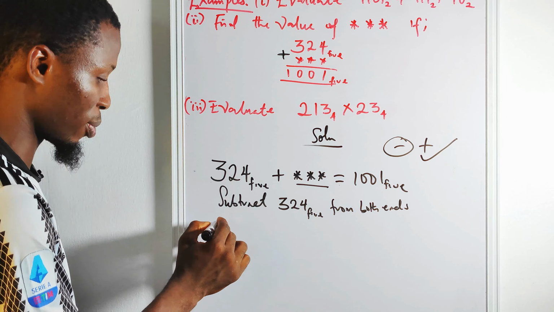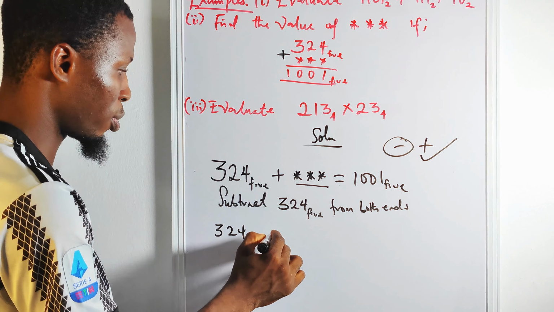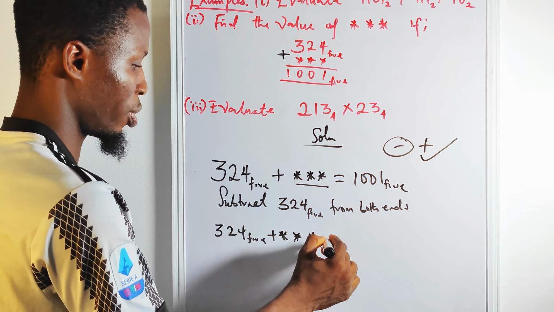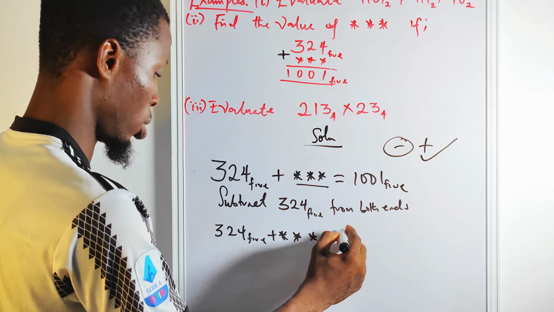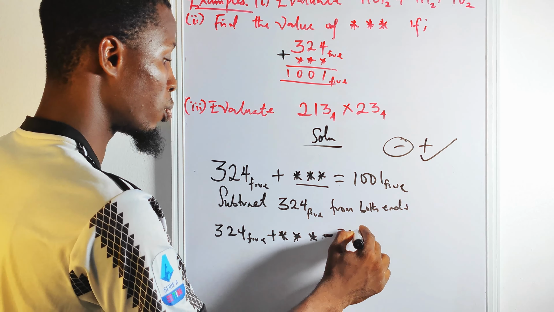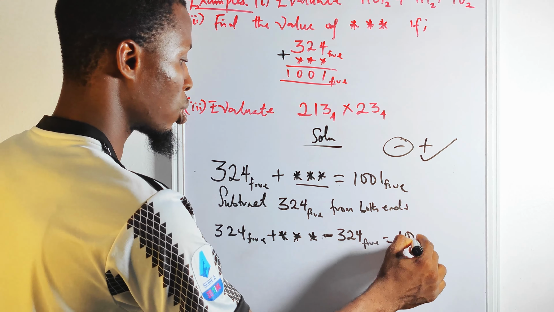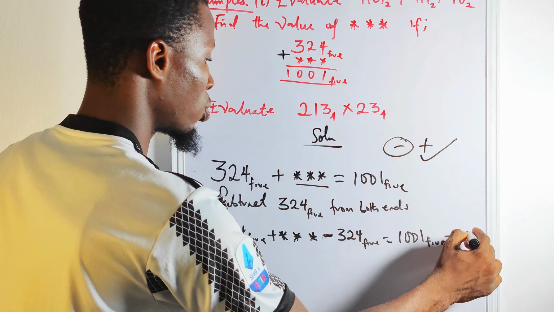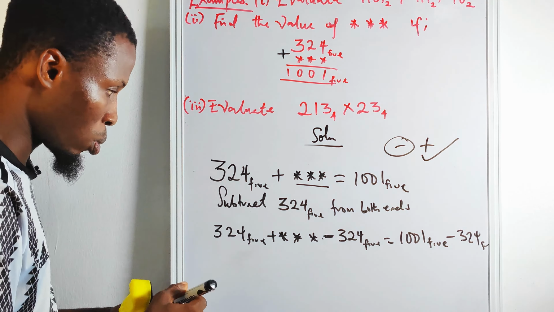So we have something like this: 34 base 5 plus star star star minus, don't forget, 34 base 5 equals 1001 base 5 minus 34 base 5.